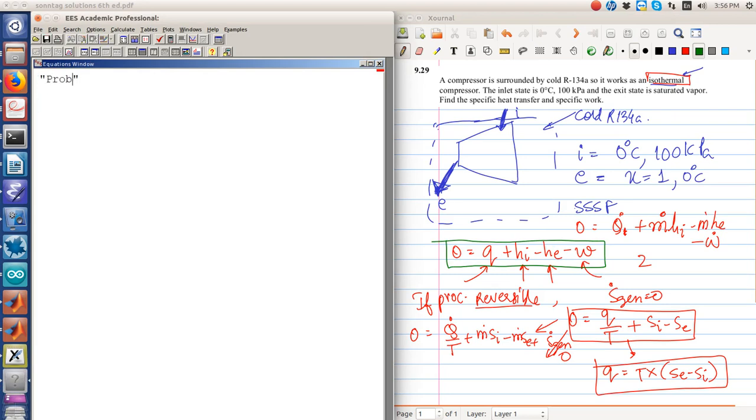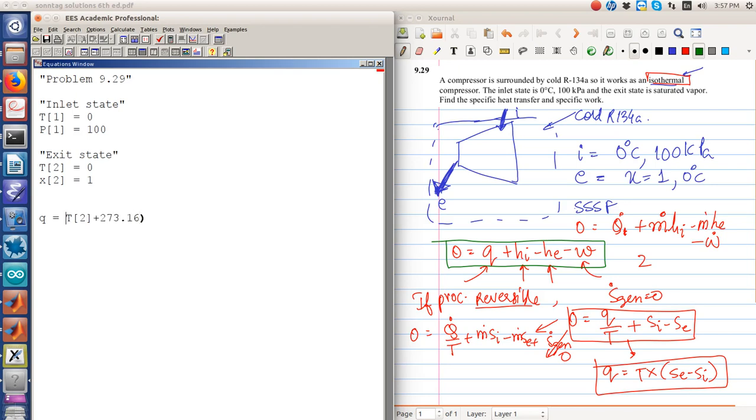So this is problem 9.29. Let me call them states 1 and 2. Inlet state is 1 and the exit state is 2. T1 is 0, P1 is equal to 100 kilopascal. Exit state T2 is equal to 0, x2 equal to 1. So the specific heat Q is equal to T2 plus 273.16.